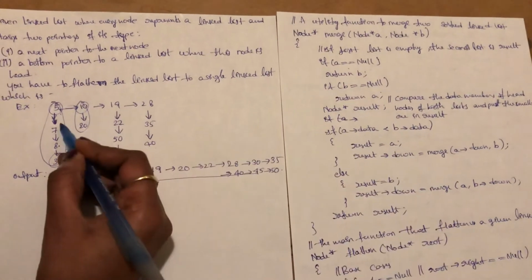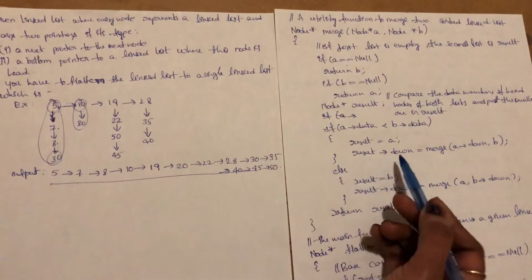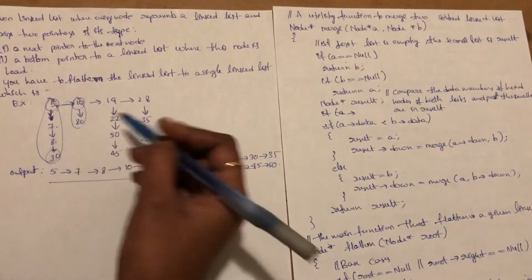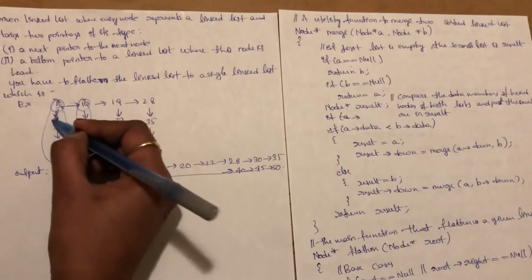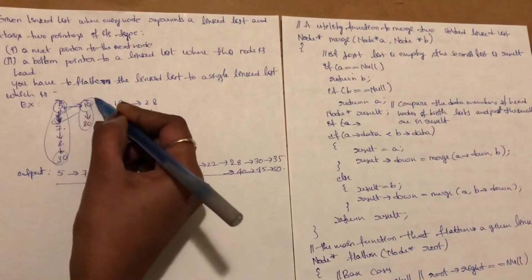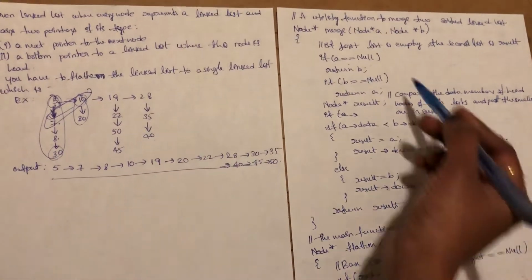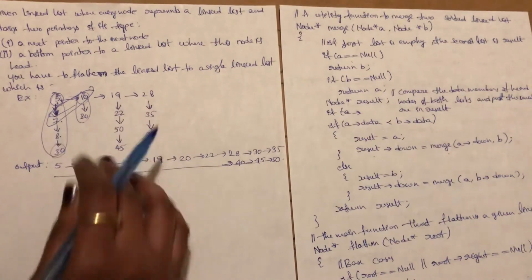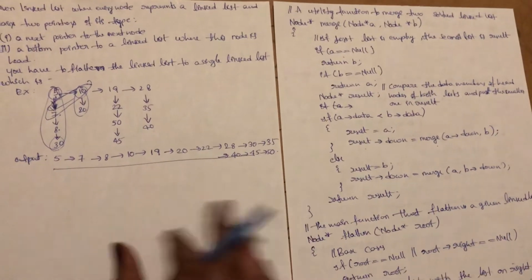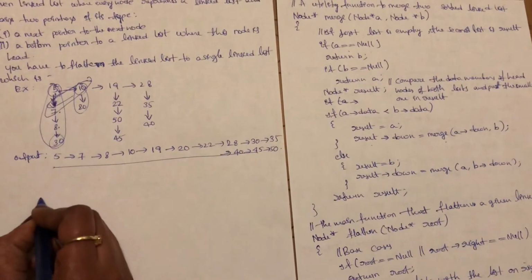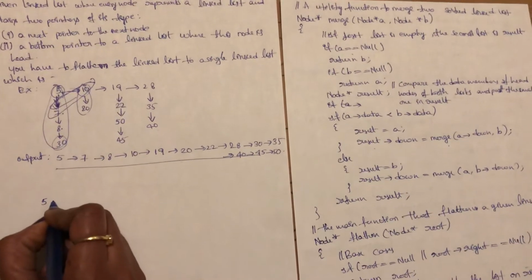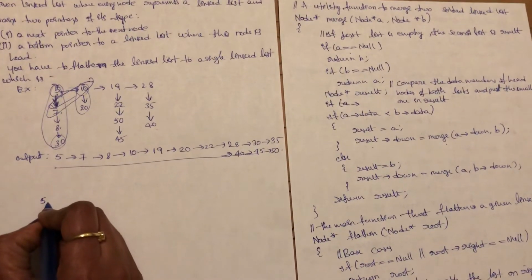Then if A's data is less than B's data, the result will be A, and the result's down is going to merge with B again. It is calling recursively to merge these two linked lists. If we see, 5 is compared with 10, 5 is less than 10, so it is going to print 5 first.